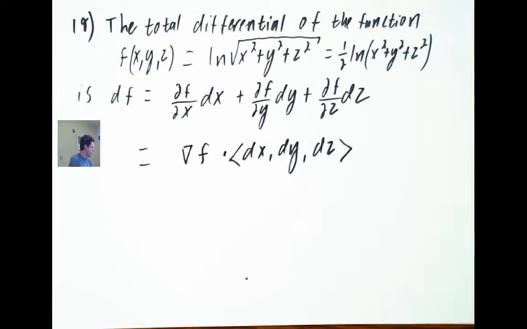Number 19, I am asked to find how much a function will change between one point and another point not too far away. The book is a little bit weird on this because the book presents the method to find linearizations before it presents the method to find total differentials and this estimating error kind of thing.